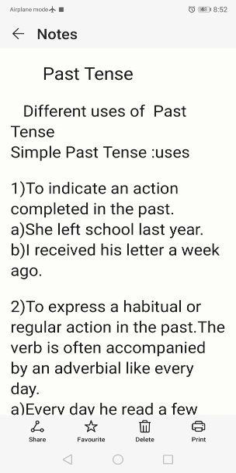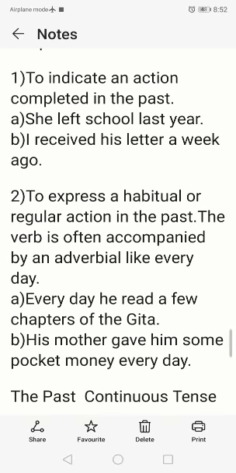So here is one more very important point: the verb is often accompanied by an adverbial phrase like every day. For example, every day he read a few chapters of the Gita. Here it is read, the spelling is the same even in present tense, but the pronunciation is different.